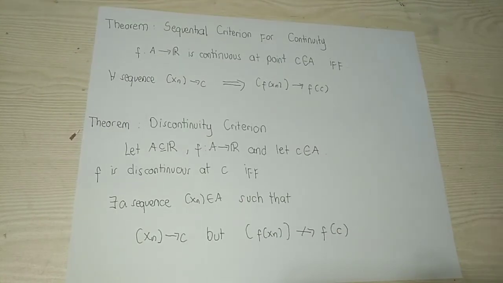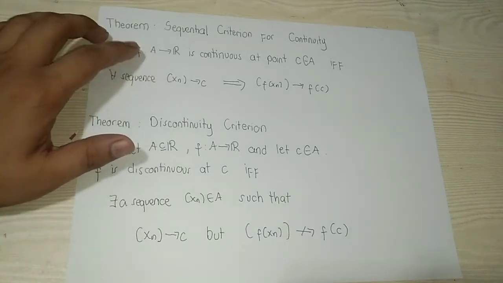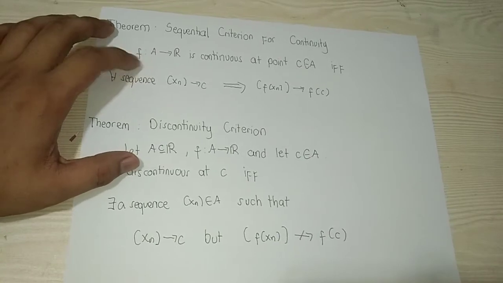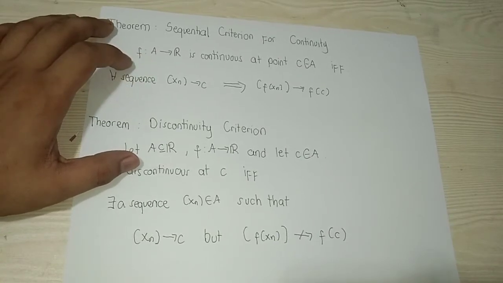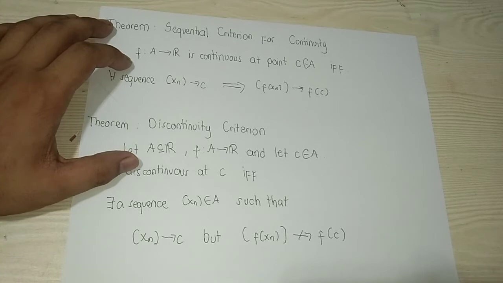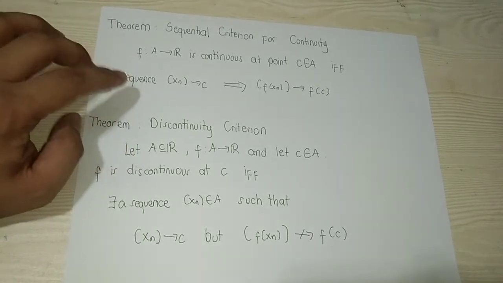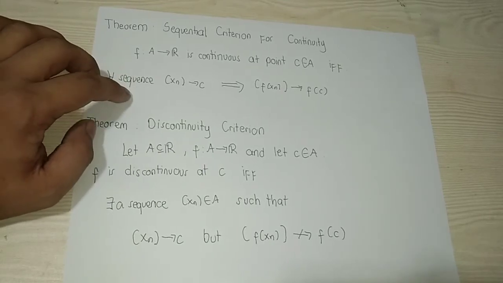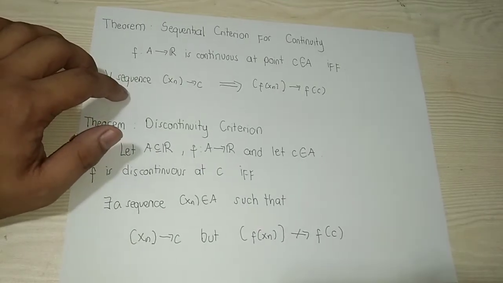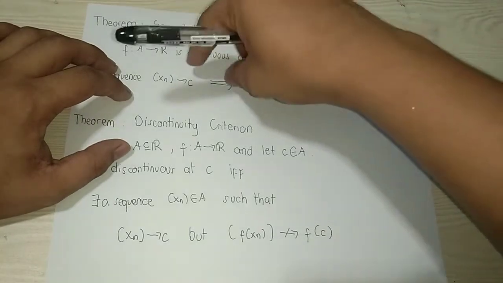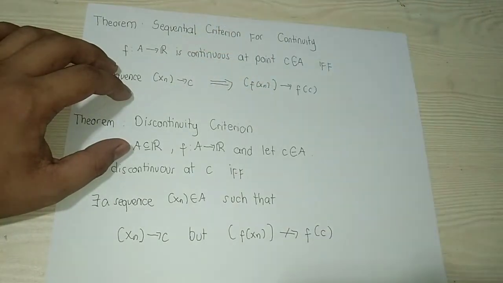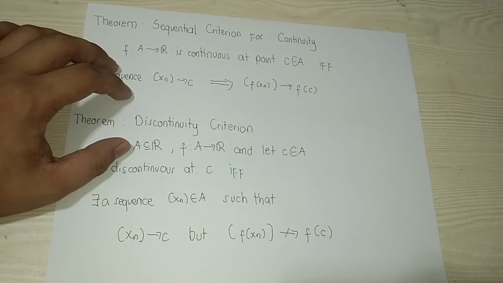Now let's have the sequential criterion for continuity. So let's have the function f from A to R. This function is continuous at point c, element of A, if and only if for all sequences x sub n approaching c, this must imply that the sequence of f of x sub n approaches f of c.